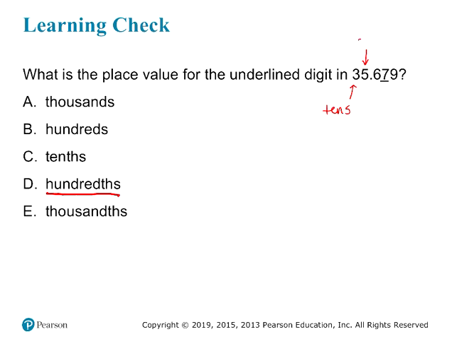The ones place. And then once we move past the decimal, the 6 is in the tenths place. The 7 is, we said, in the hundredths place. And then the 9 will be in the thousandths place.